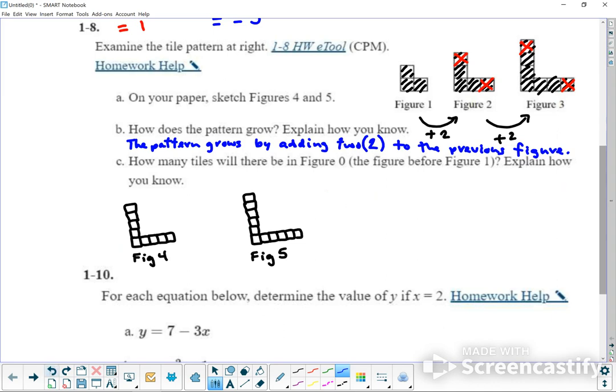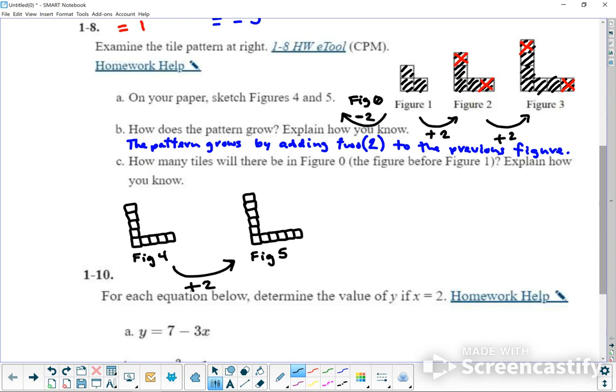C, how many tiles would there be in figure 0, the figure before figure 1, and explain how you know. So think about this. If we're adding 2 going in this direction, and we want to know figure 0, we need to go backwards. So if we need to go backwards, we're actually subtracting 2. So figure 0 is going to subtract 2.